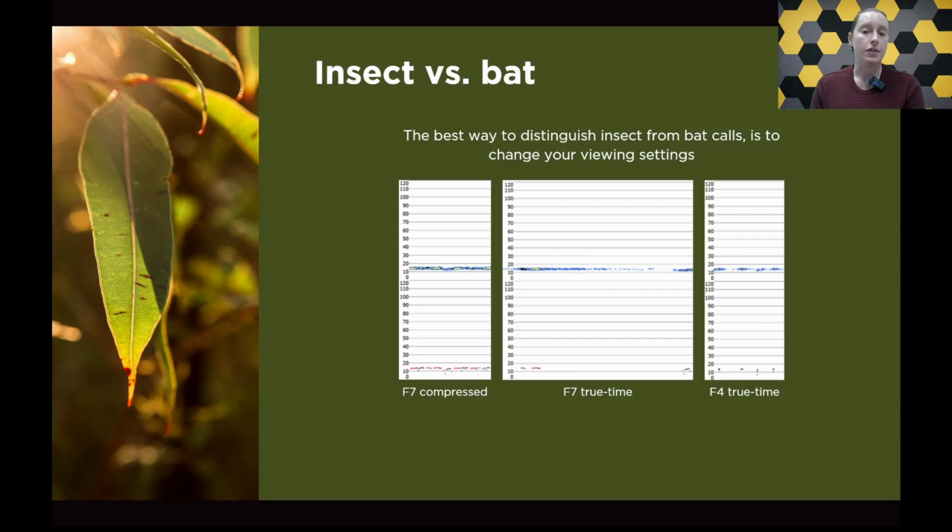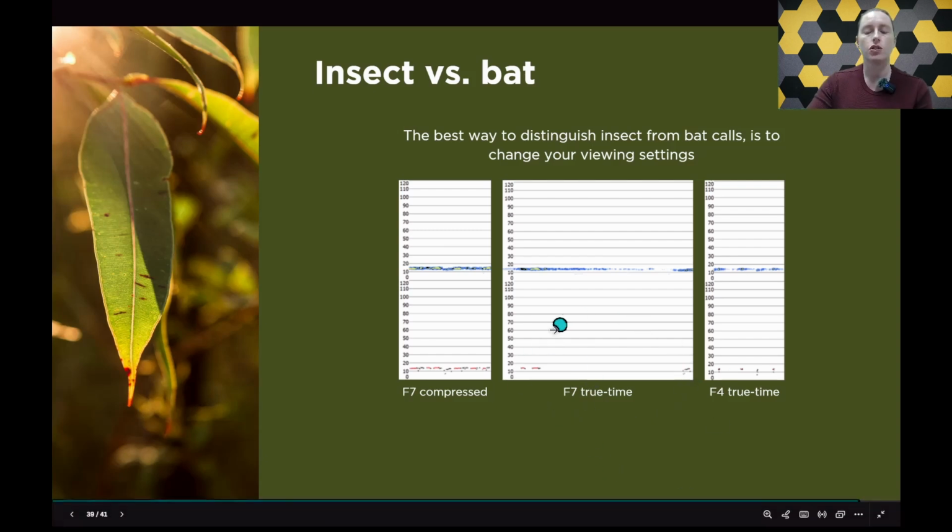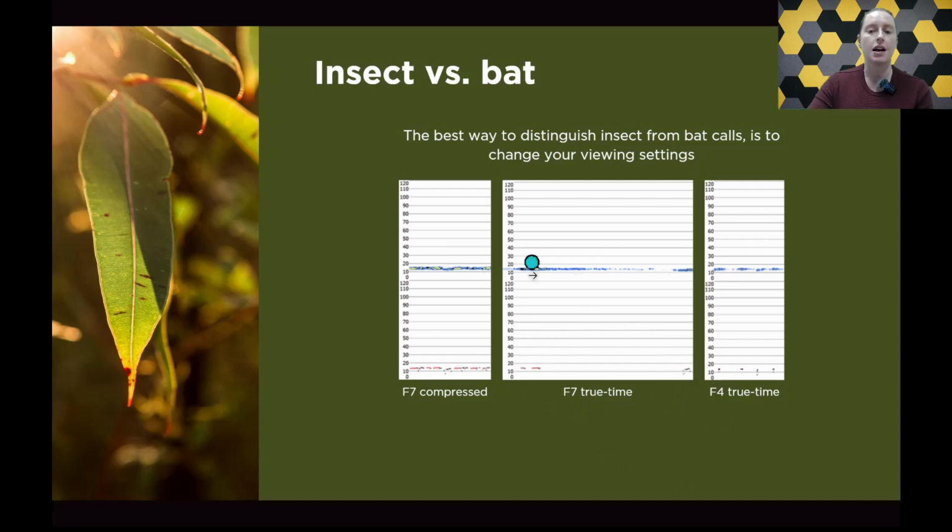Sometimes it's really obvious that it's insects, and other times they can look a lot like bat calls. The best way to distinguish insect calls from bat calls is to change your viewing settings. So try switching it to true time, show the gaps between the pulses, and also zoom out and look at the general pattern of the calls. And over time, you will start to see the difference between them.